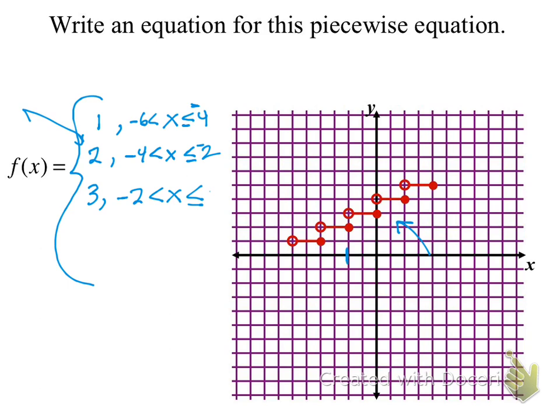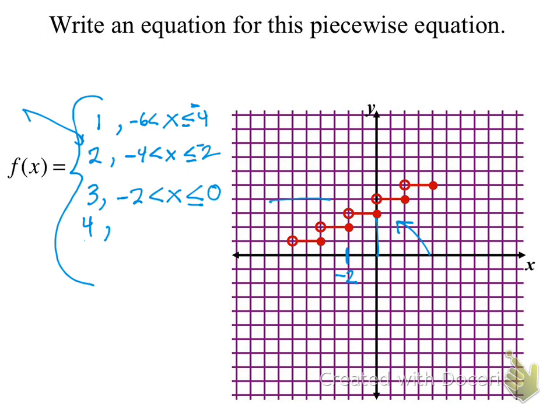Okay, this is negative 2, and it ends here. Where? On 0. Okay, 4, right? The next one is 4. What's the boundary for that?